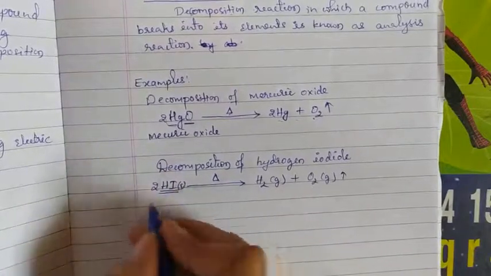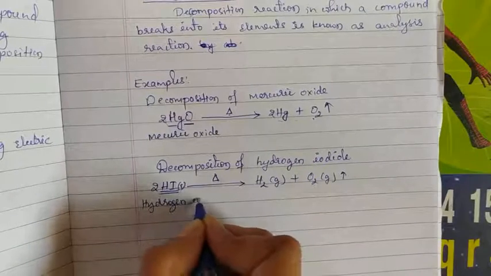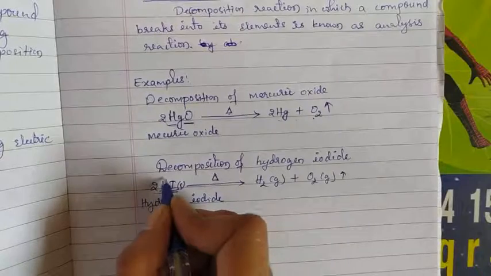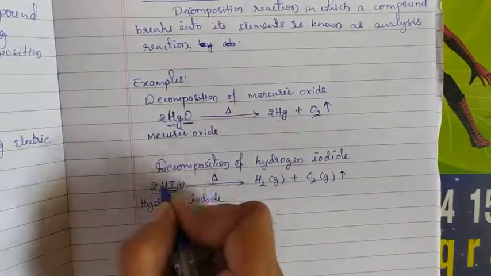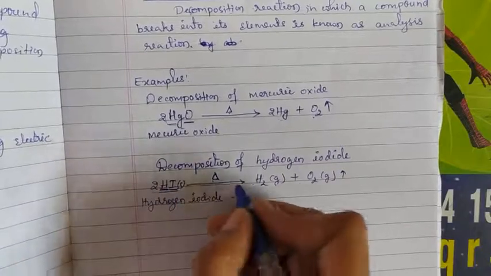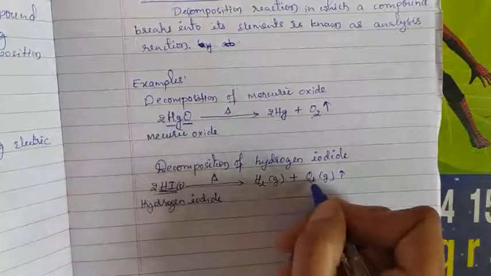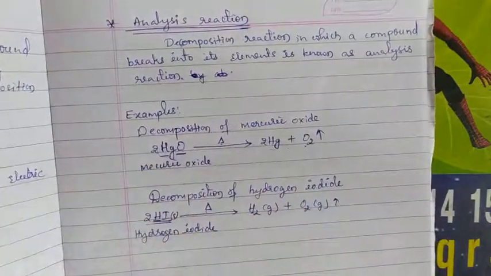Okay, this is the hydrogen iodide compound, and this compound is made up of 2 elements, hydrogen and iodine. On heating, it absorbs the heat energy and it breaks into its elements, that is hydrogen gas and iodine gas. Okay, this is about the analysis reaction.